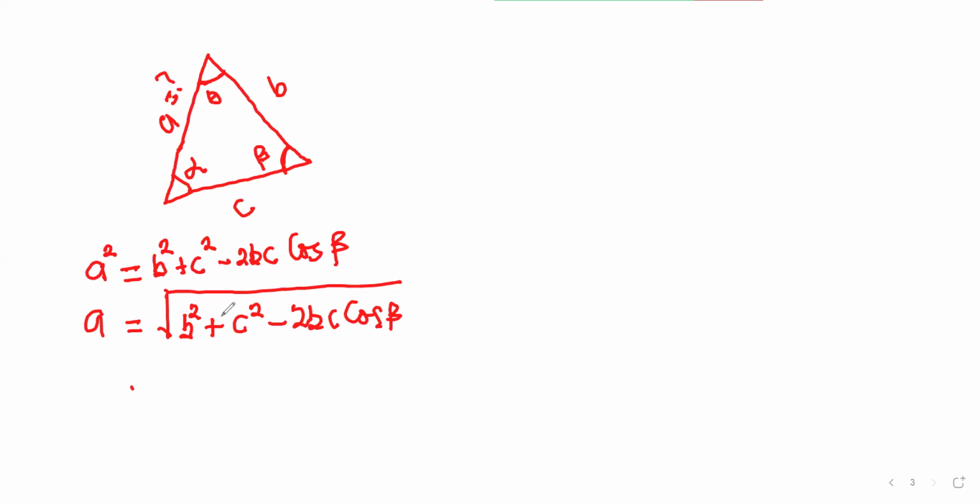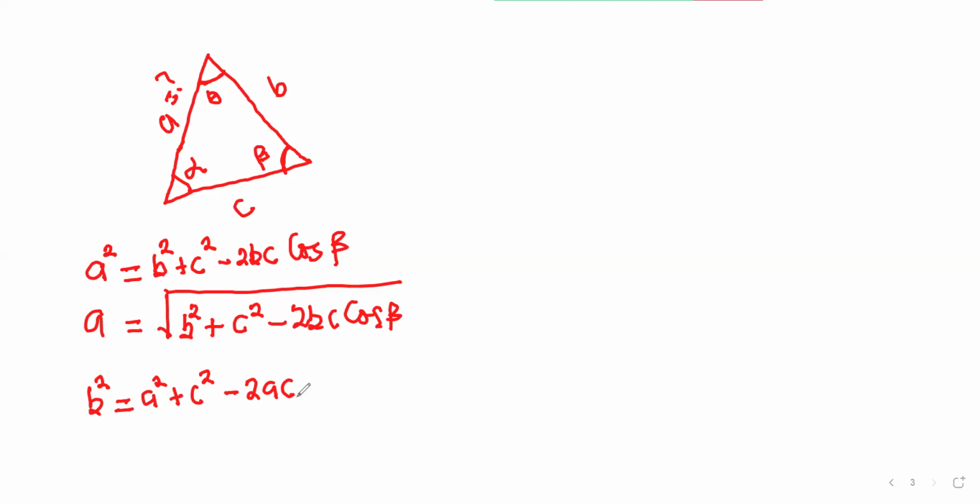Okay, Kekeli. B squared is equal to A squared plus C squared minus 2AC times cos.